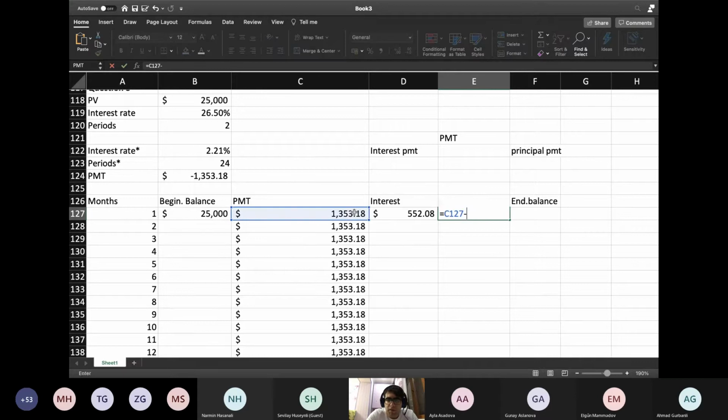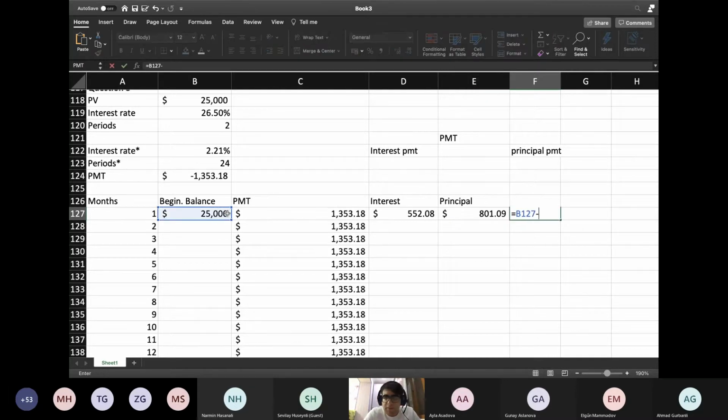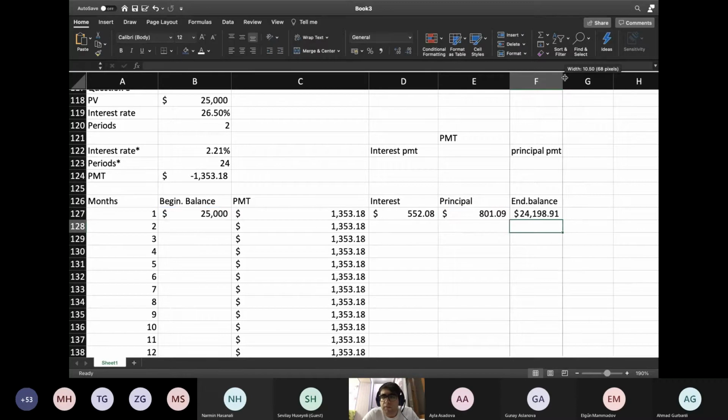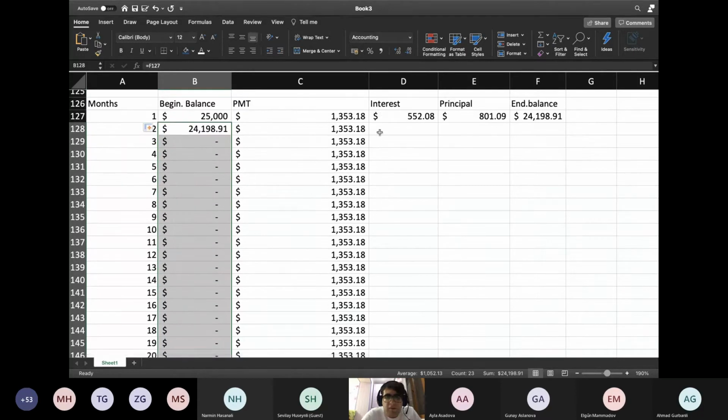To find principal, just subtract interest from the payment. To find the end balance, principal is subtracted from the beginning balance. That's what remains. Right? And the ending balance of the first month, what we have left in month 1, is the beginning balance for month 2. Let me drag down to month 24.